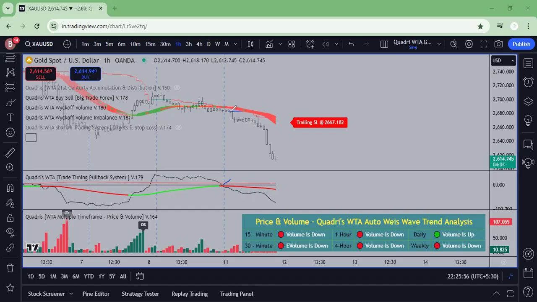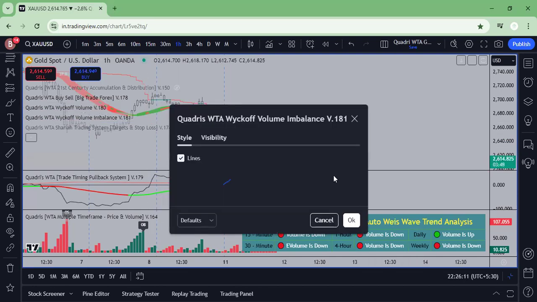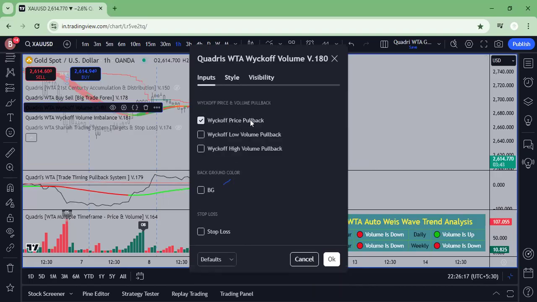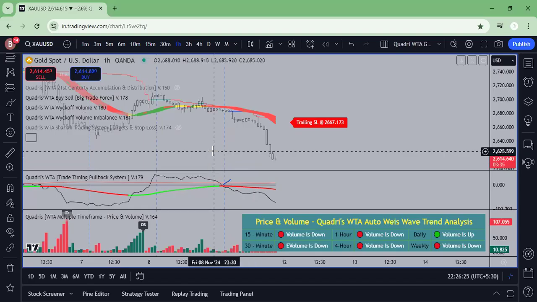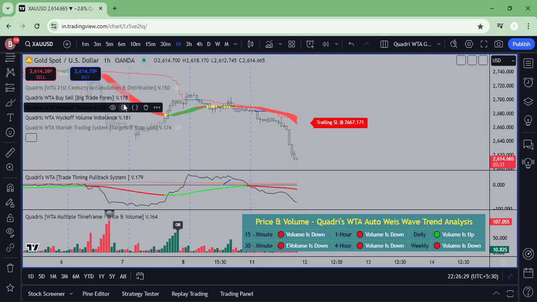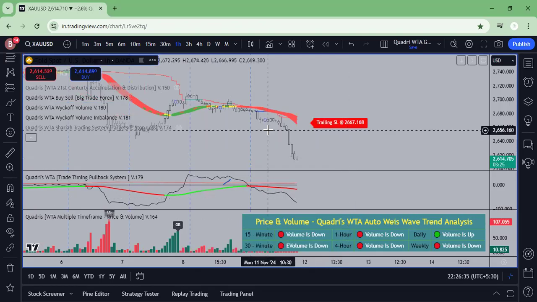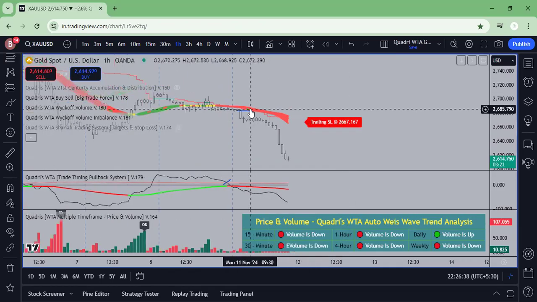By today's opening, we knew the market is going to go downwards. Here I had applied normal price pullback, no, it's imbalance. I want to see low volume pullback because I'm planning for a trade. Okay, there is no low volume pullback whatsoever. That means there was no effort to take this market down, but rather the volume pullback over here.